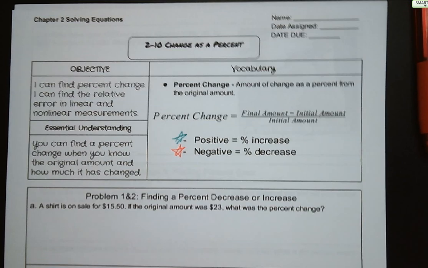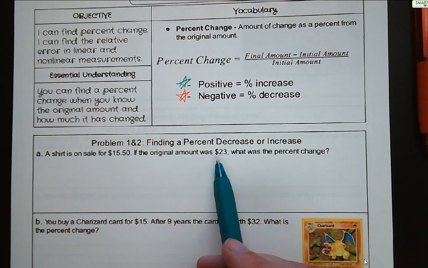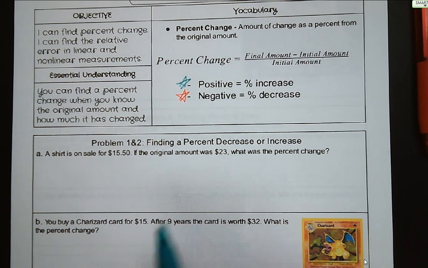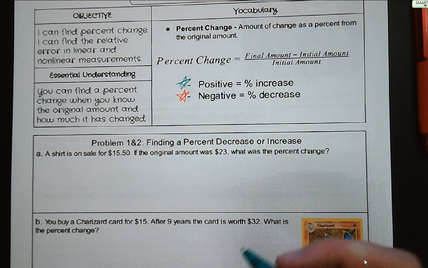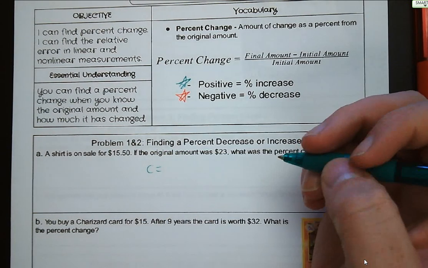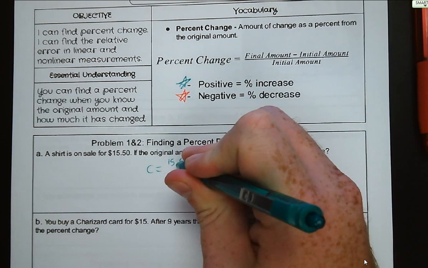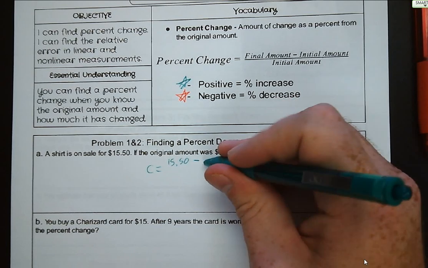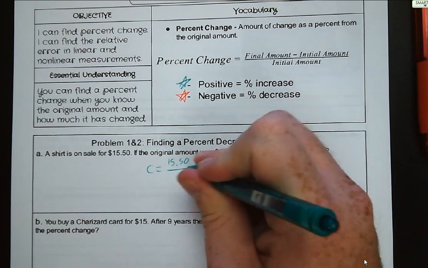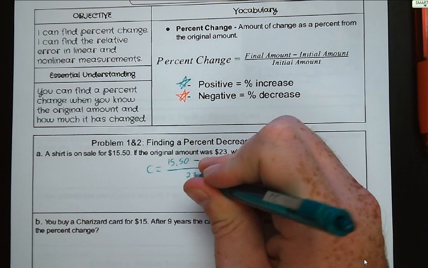For our first example, a shirt is on sale for $15.50. If the original amount was $23, what is the percent change? The change is equal to the final price, $15.50, minus the initial price, $23, divided by the initial, 23.